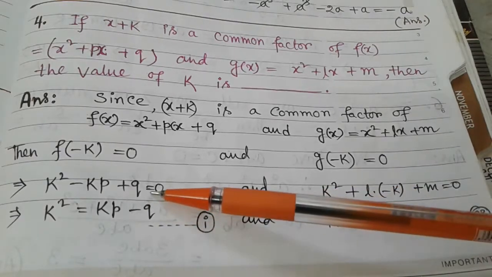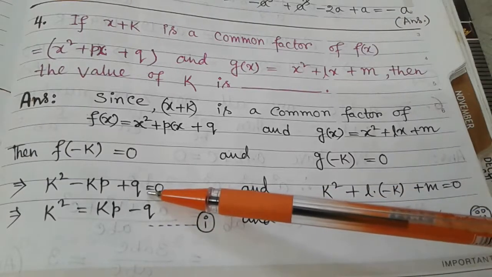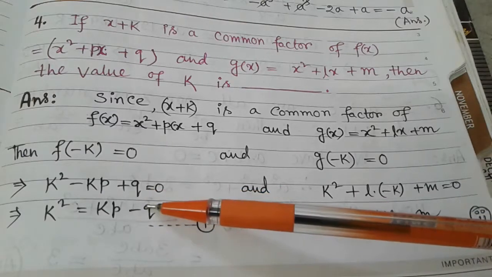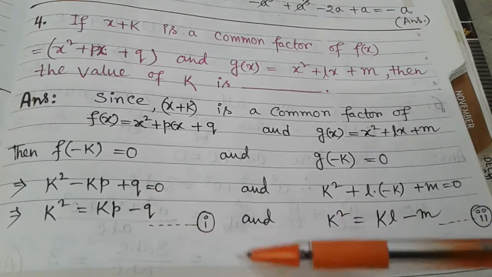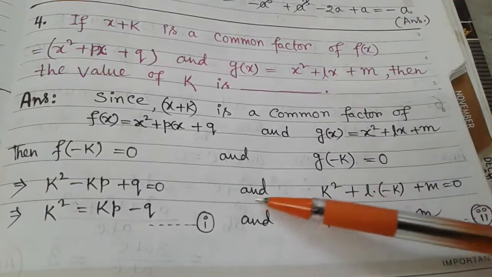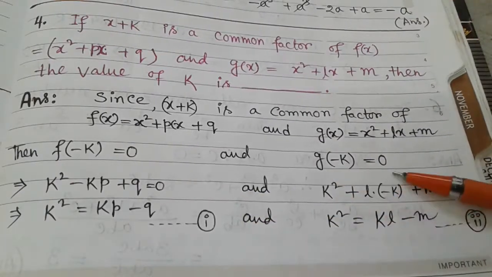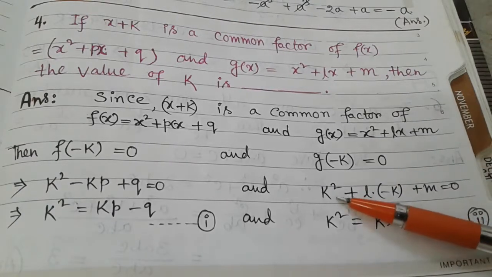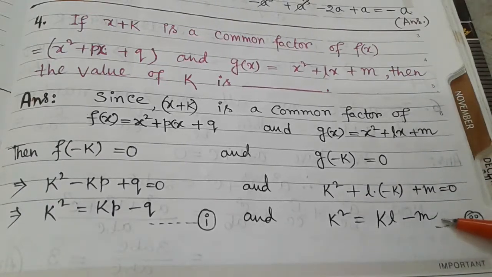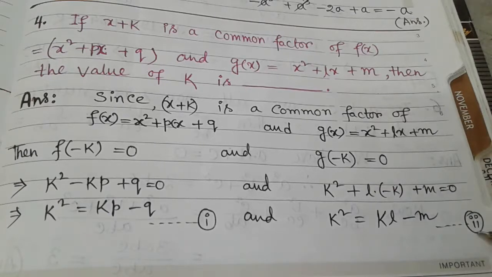Putting the value of x, we get k square minus kp plus q is equal to 0. So k square is equal to kp minus q, that is equation number 1, and g of minus k is equal to 0 implies k square is equal to kl minus m, that is equation number 2.